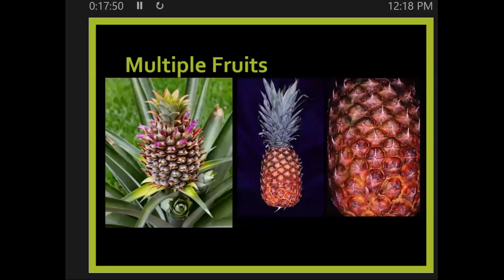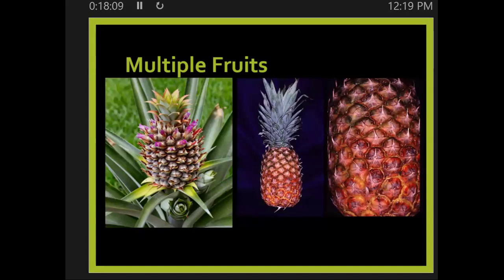So pineapple can be classified as a multiple fruit. That then, if everything goes okay, has morphed into that fleshy fruit, a multiple fruit.